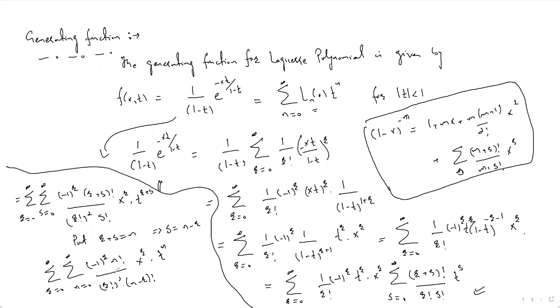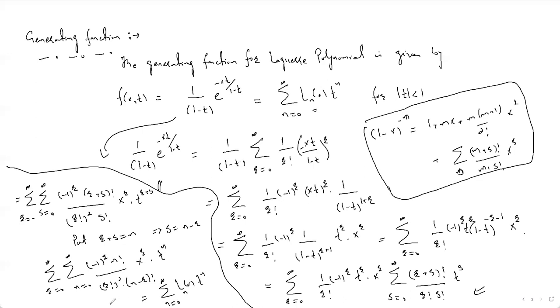Fine. Okay, but we have just said that this summation, r running from 0 to infinity, minus 1 raised to power r, n factorial, this is a Laguerre polynomial. So you can write this equation as summation n running from 0 to infinity, including this summation, L_n(x) t raised to power n.